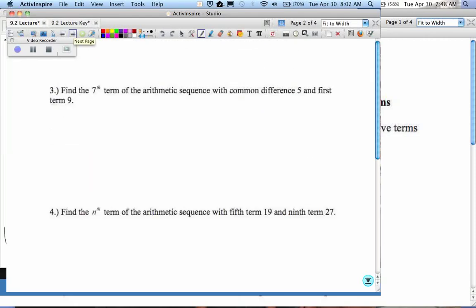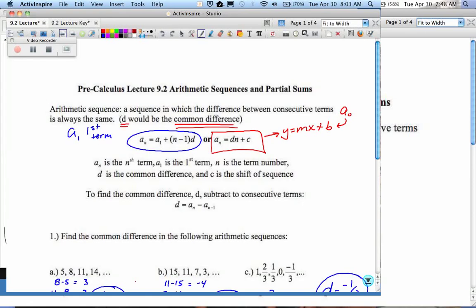Okay, find the 7th term of the arithmetic sequence with common difference 5 and first term 9. When you go back and look at the formula, this is what I'm talking about. We're going to use this one that I circled in blue. That's right on your formula sheet. You'll have that available to you on the test.